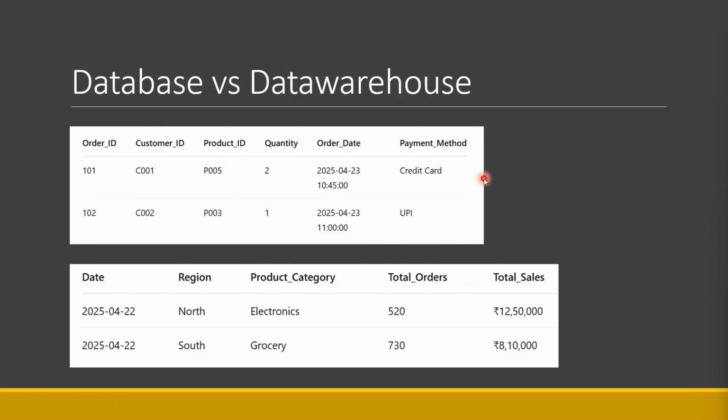If you see the second row, this is a customer's information. A customer who made the order has purchased a particular product. What is the quantity of the product, which day that particular order was made, and what was the payment method. This is real time information, right?